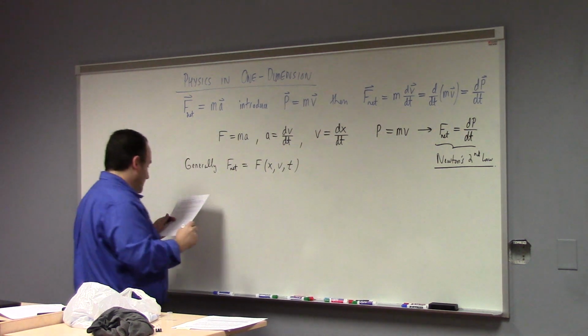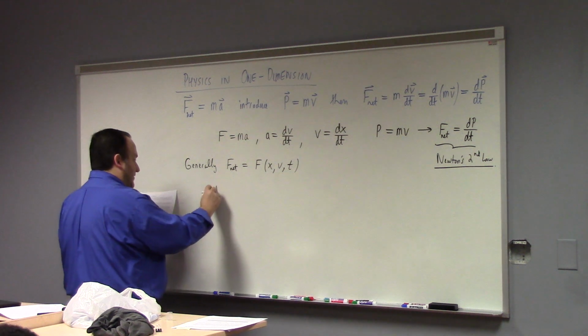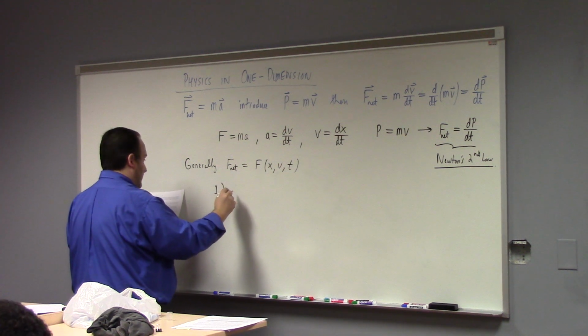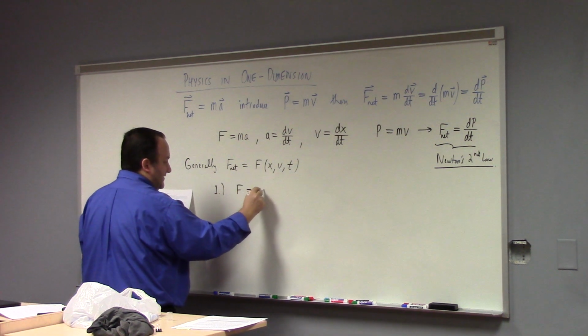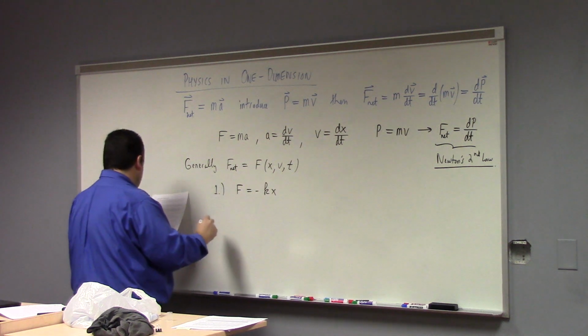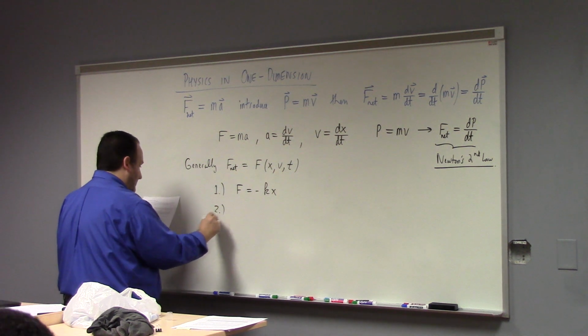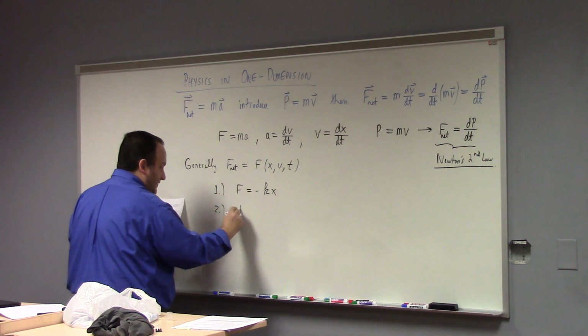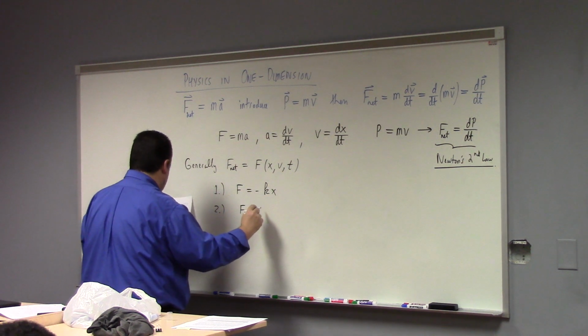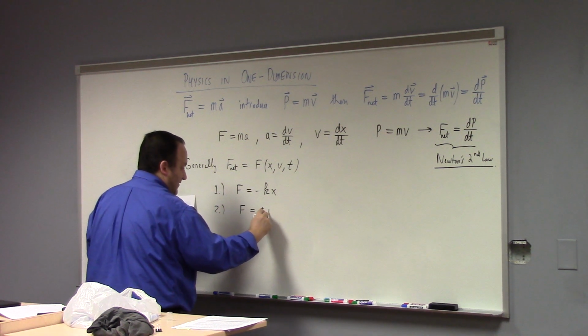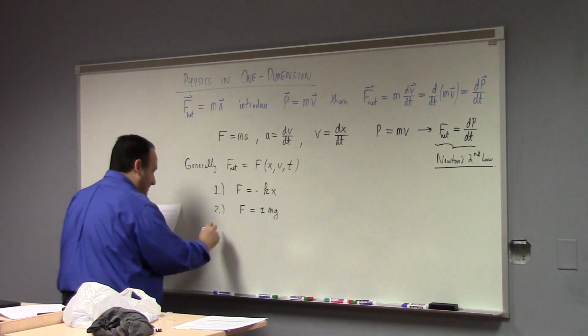But here are some common examples, so let's just list them here. You have a spring force. Minus kx is the spring force. You have the force of gravity near the surface of the Earth. This would be F equals plus or minus mg. The plus or the minus depends on what?